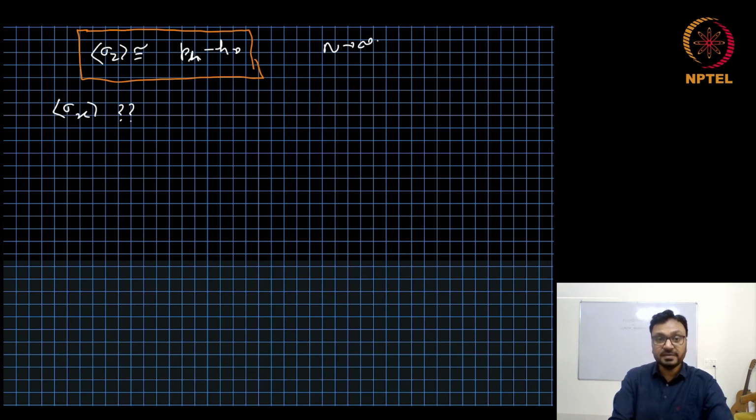For example, we discussed that psi we are writing as cos of theta over 2 h plus exponential of i phi sine of theta over 2 v.